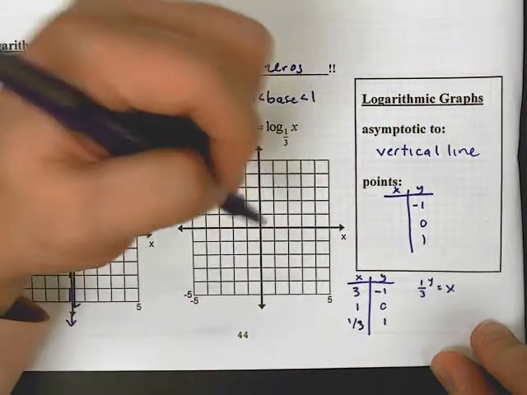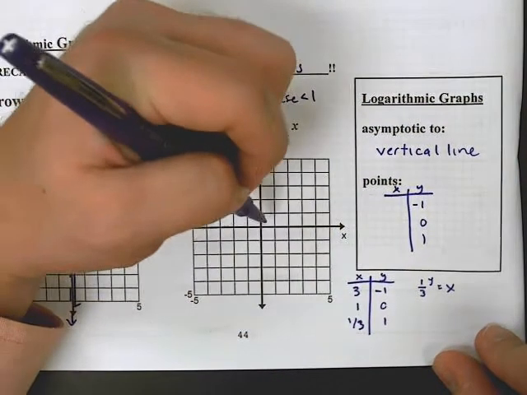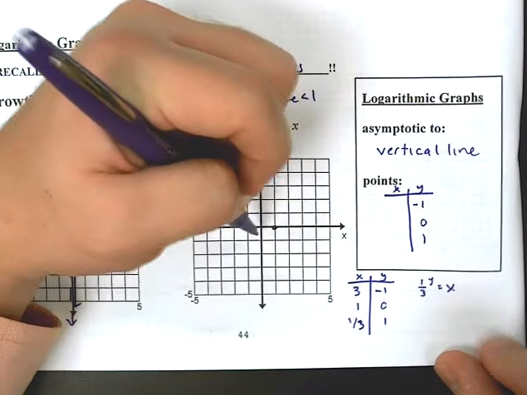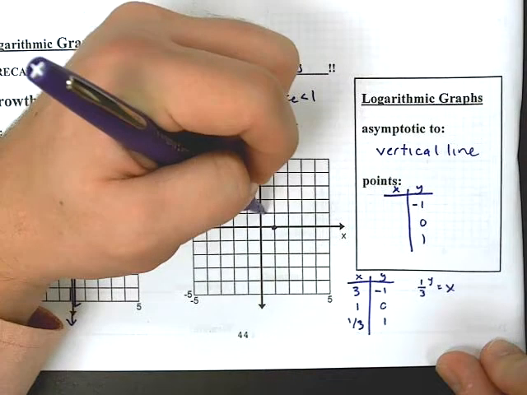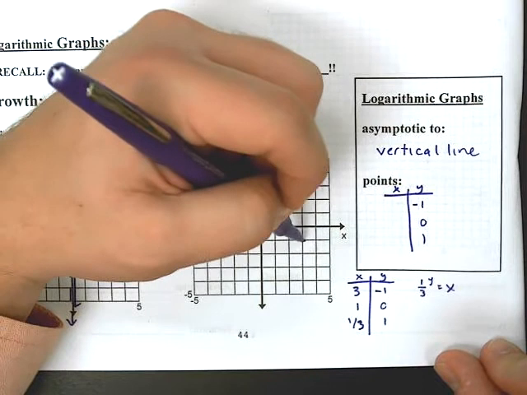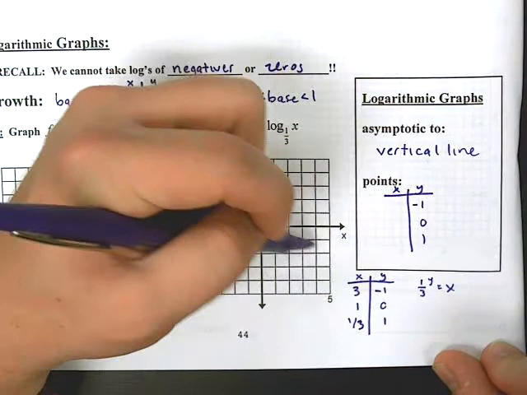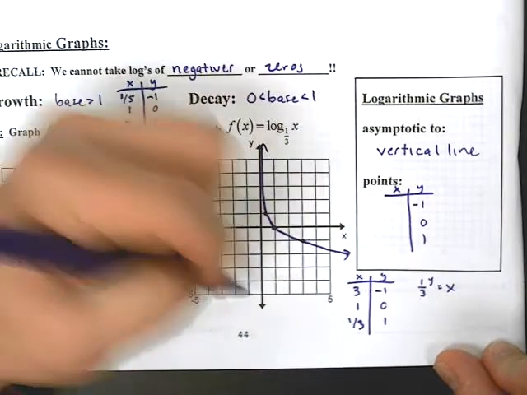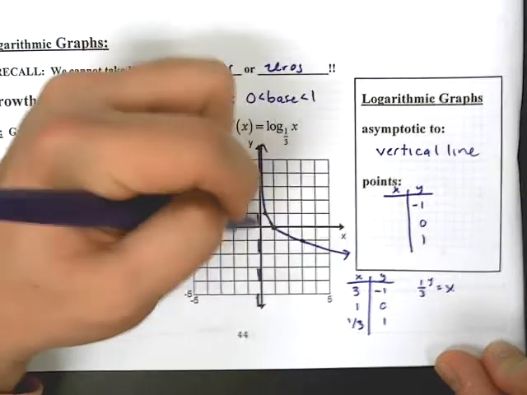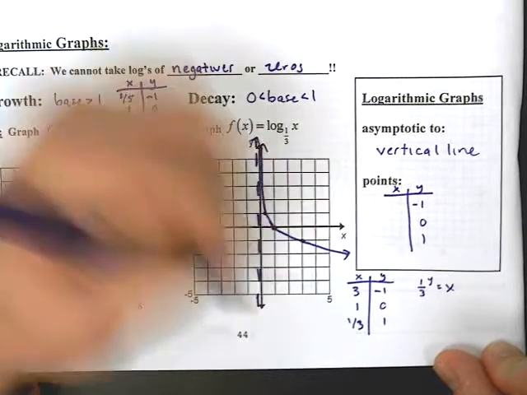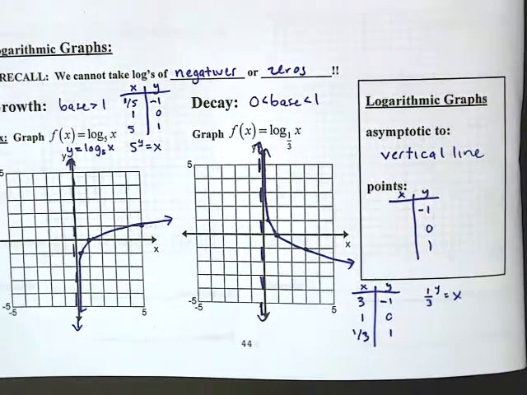Good. So now when I plot, I have (1, 0), I have (1/3, 1), I have (3, -1), and now I can see why we call this decay, because it is going down. Finish up with an asymptote, and we should be good with this page.